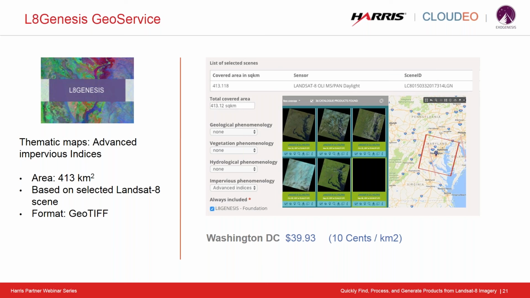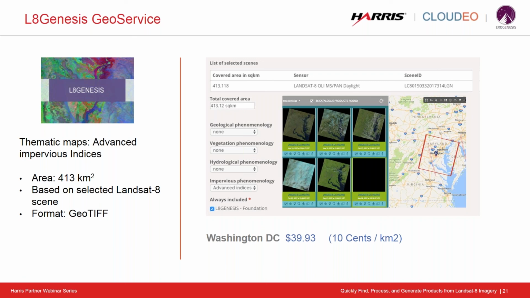In this example, we chose Washington, D.C., which covers an area of 413 square kilometers. And if we now want to have the advanced indices for impervious phenomenology and the L8Genesis Foundation again, which, by the way, is always included, we can see that we have a very low price here. It is only $39, which means 10 cents per square kilometer.